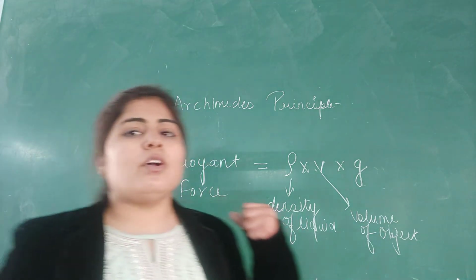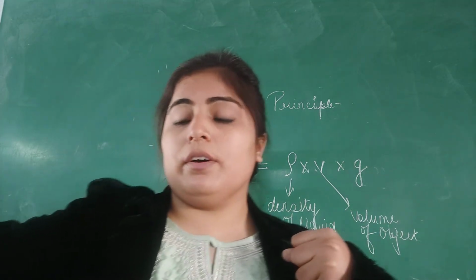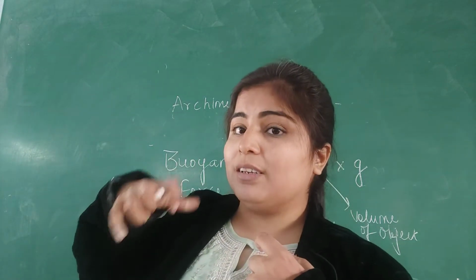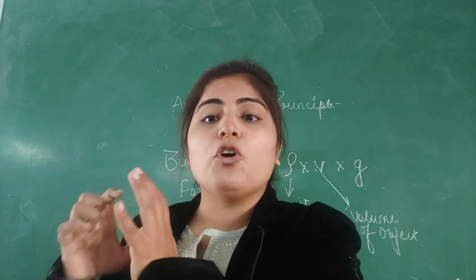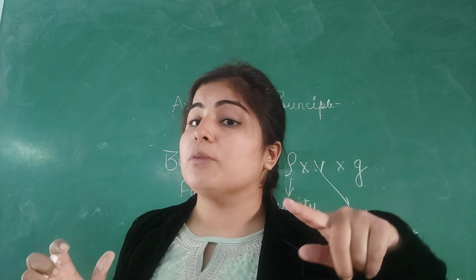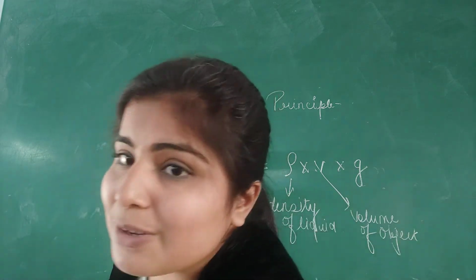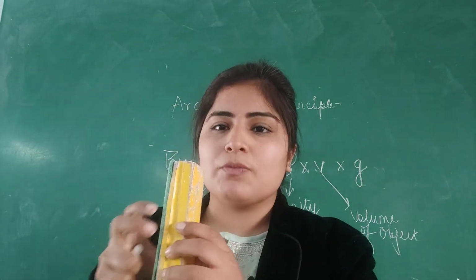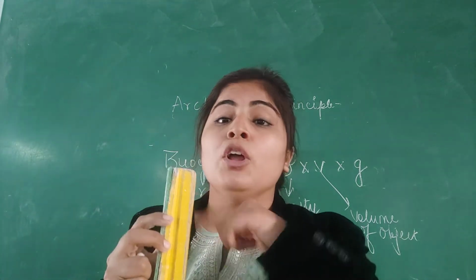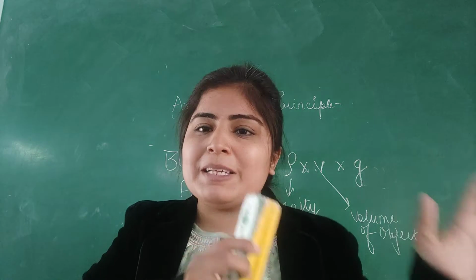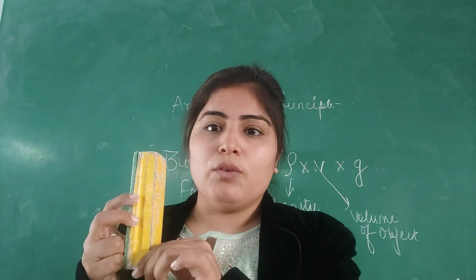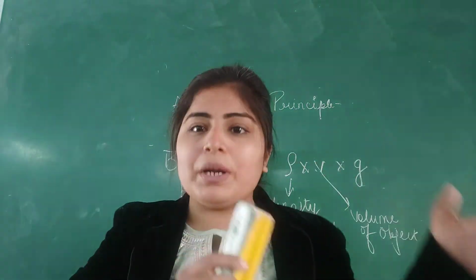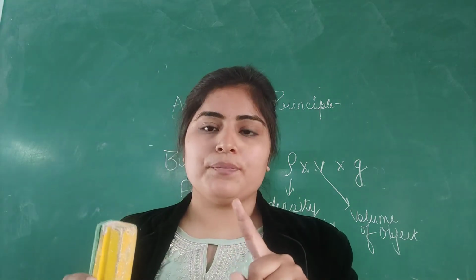Now suppose any object is immersed inside the liquid, then the volume of the object will be equal to the volume of the displaced liquid. जितनी उसकी खुद की स्पेस है, उतने ही अमाउंट के वाटर को डिस्प्लेस करेगा. यानी ऑब्जेक्ट का वॉल्यूम और डिस्प्लेस्ड लिक्विड का वॉल्यूम सेम होगा. ठीक है.